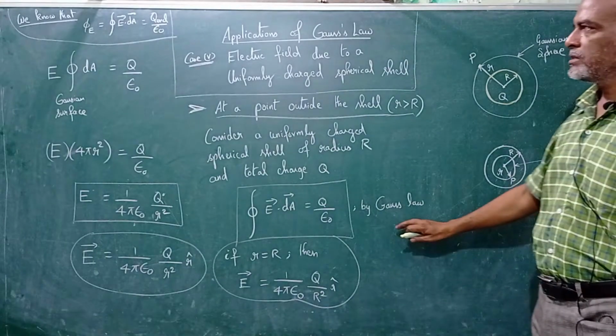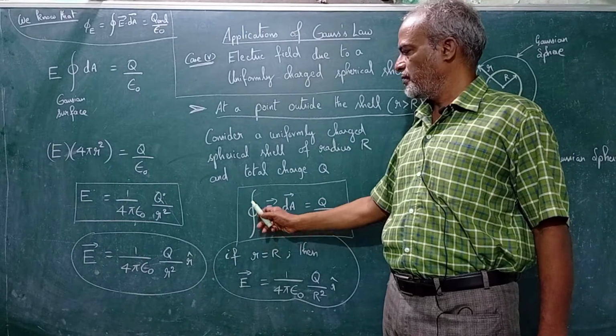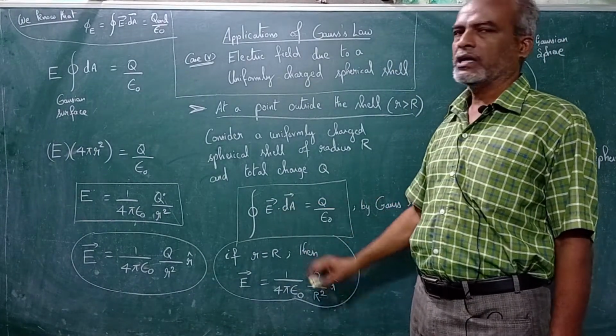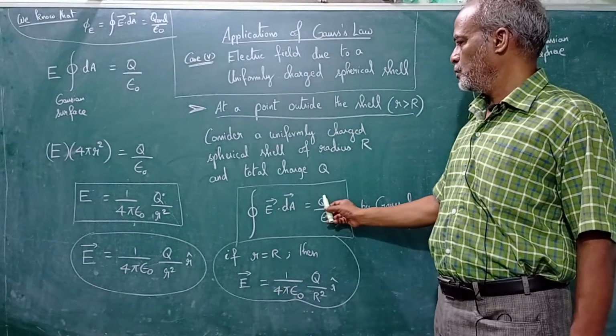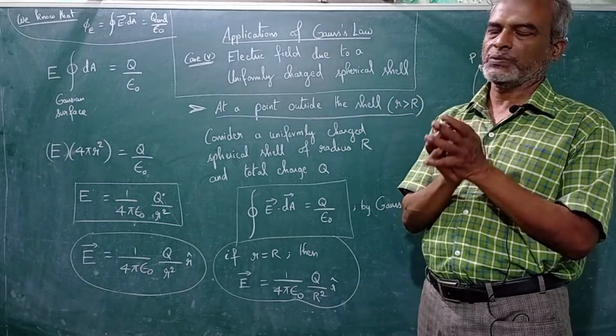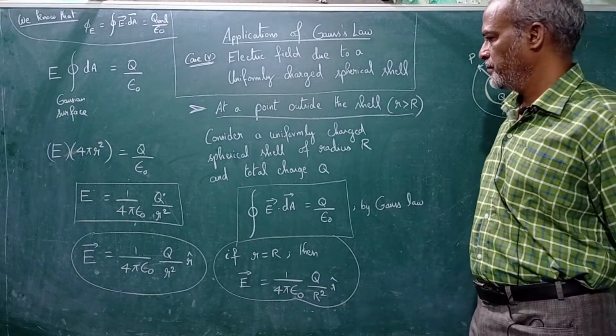So we know by Gauss law, that is integral over closed surface E vector dot dA vector is equal to q by epsilon naught, that is charge enclosed by that surface. Okay, this is by Gauss law.